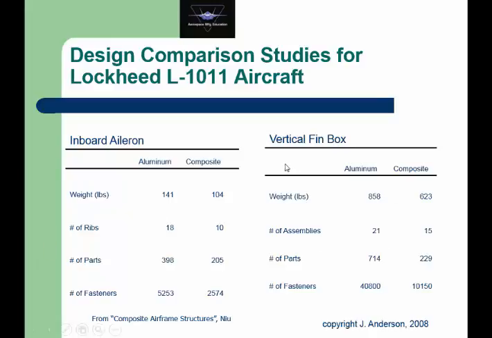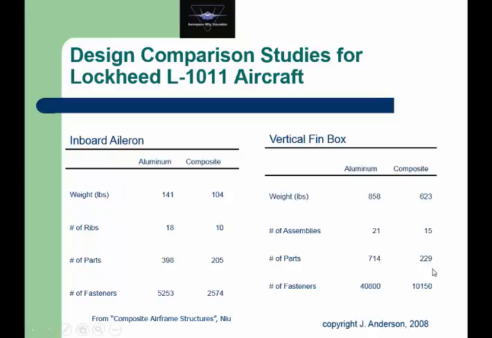They also did the vertical fin box. So this is a larger component, 858 pounds in aluminum, 623 in composite. The number of assemblies for this went from 21 down to 15. The number of parts went from 714 to 229. So this is about a third of this.